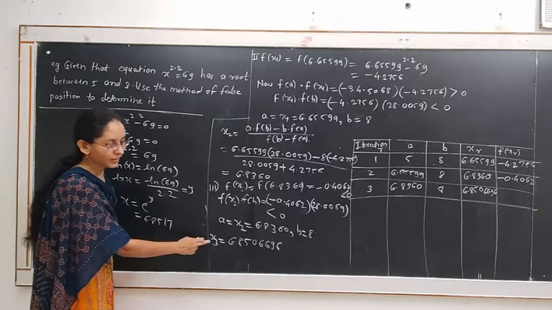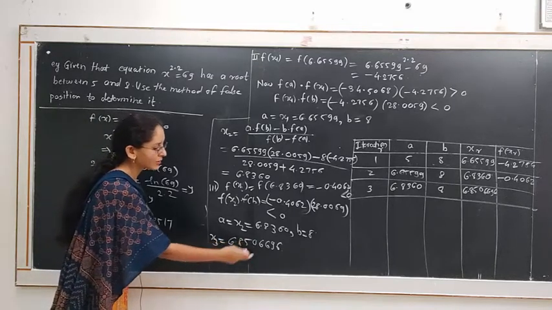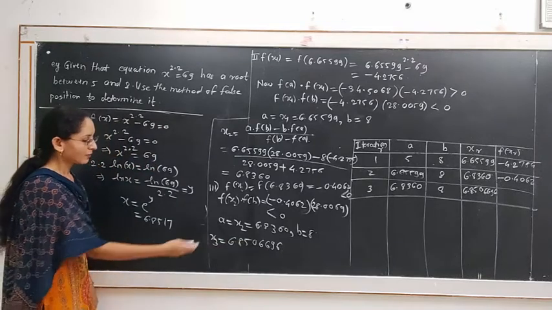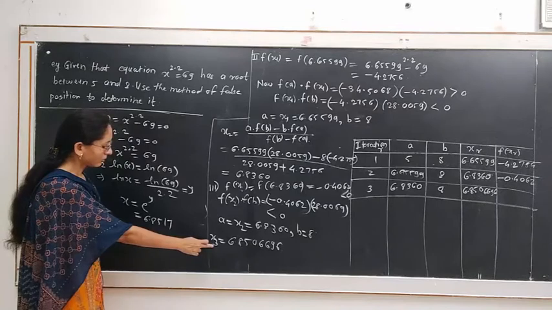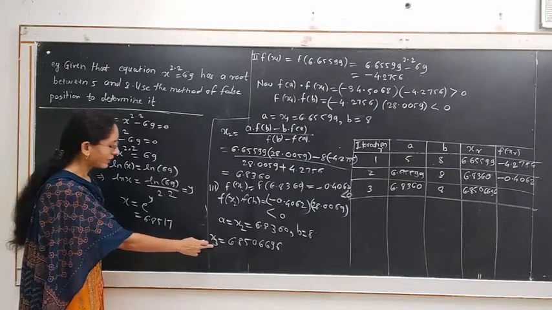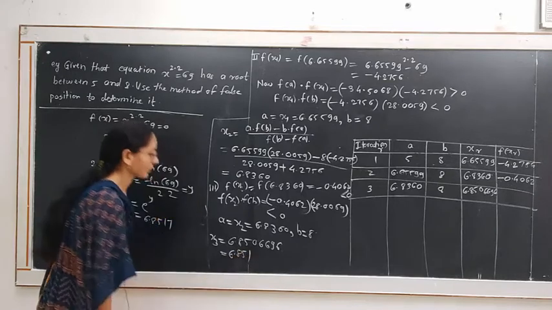In the third iteration we have obtained the value of x as 6.850696. If we round off this number to 3 decimal places, we get 6.851.